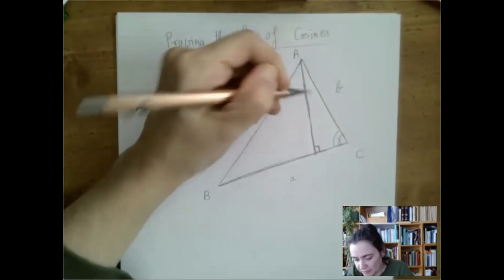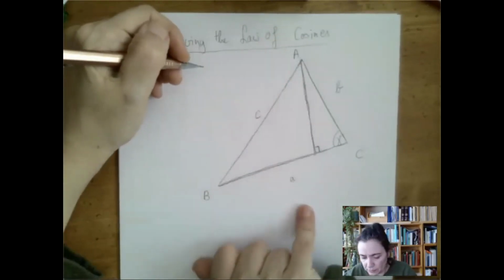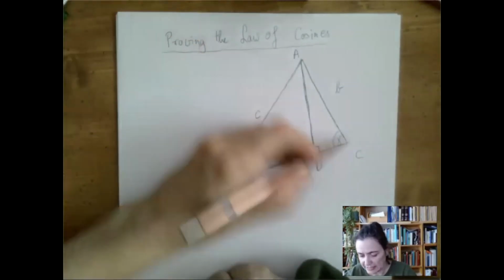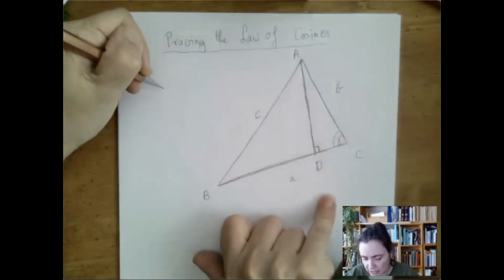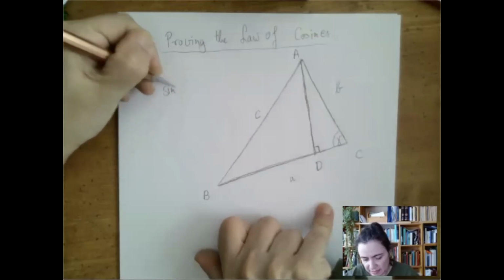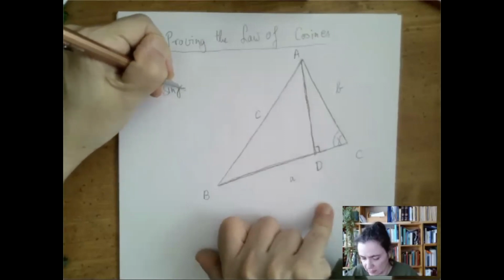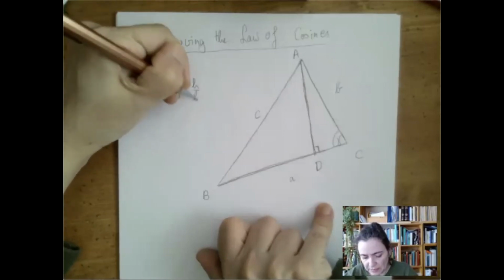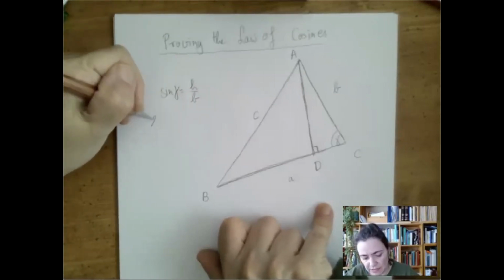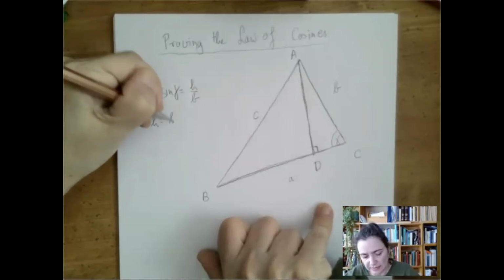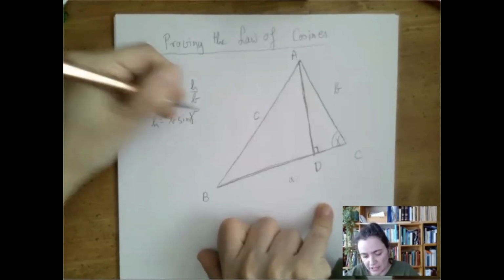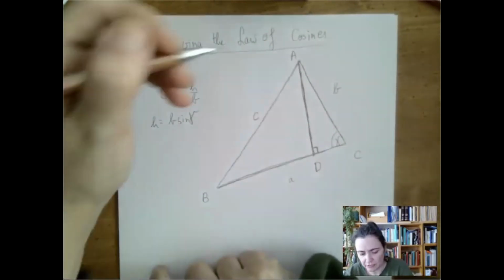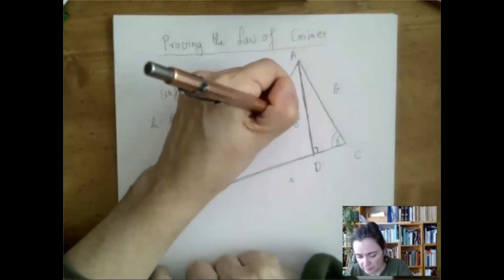In fact, if you look at the right triangle EDC, in that right triangle we see that sine gamma is h over b. So when we solve for h, we get b times sine gamma. By h, I meant the height or altitude, this line segment, but I didn't even want to introduce h, just b times sine gamma.